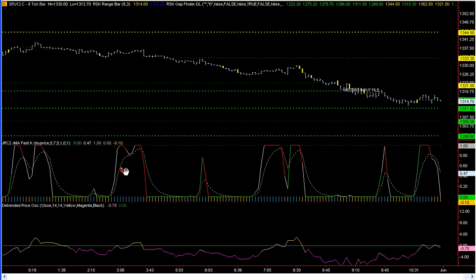In addition to that, you want to be paying very close attention to the slow K reading. Taking a short trade, for example, down here, I'd never do that. I want that slow K reading to be up above 80%, closer to 90 or above, if I'm going to take a short trade.